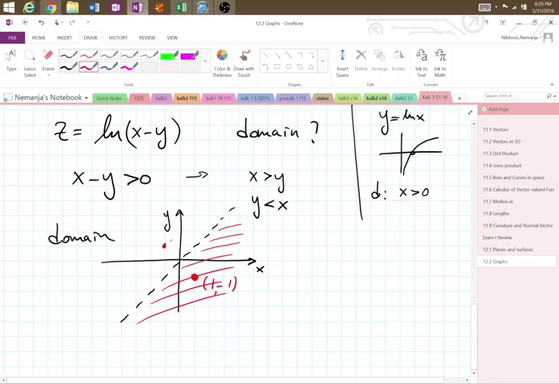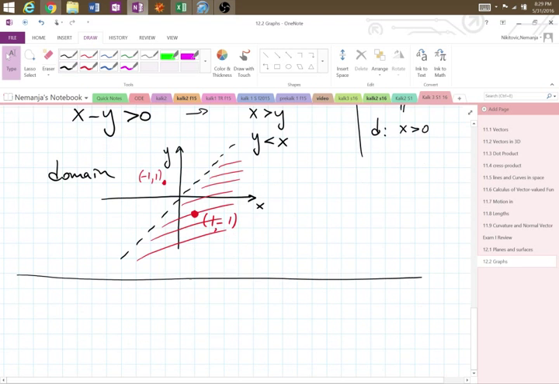If you pick this point here, you get (negative 1, 1), and you plug that in, you get ln of negative 2. That's going to be the complex value answer, so we cannot use that. All right, you try one.